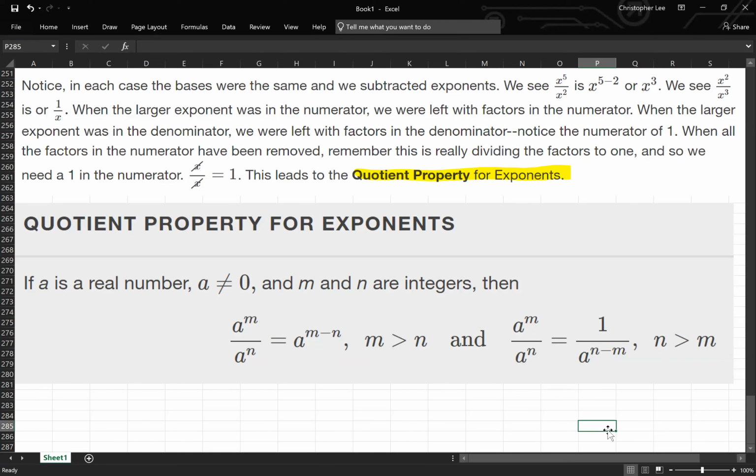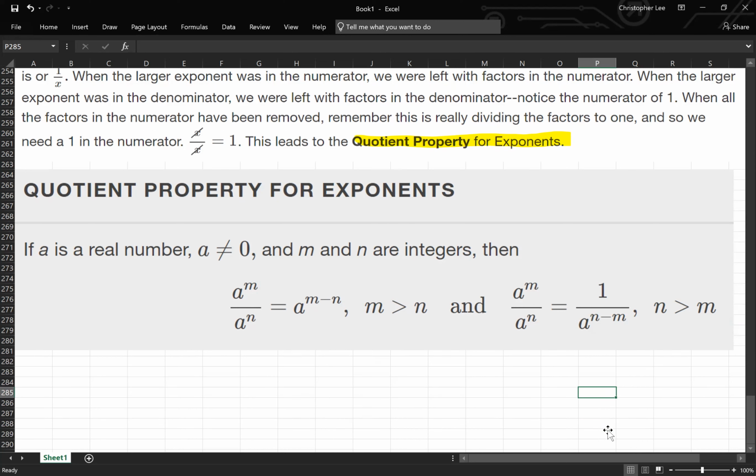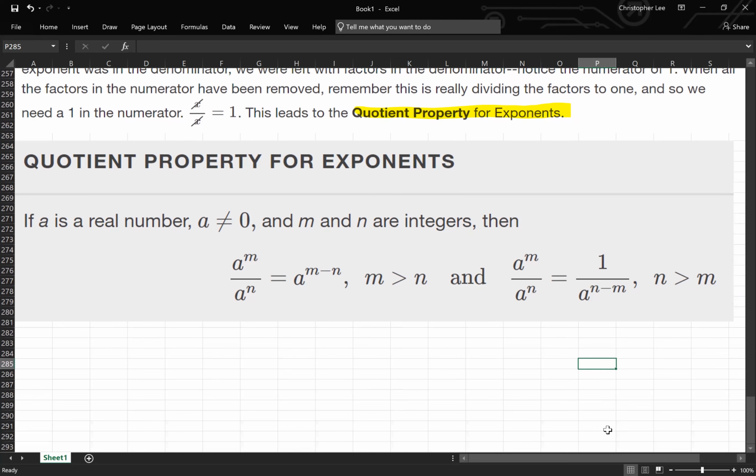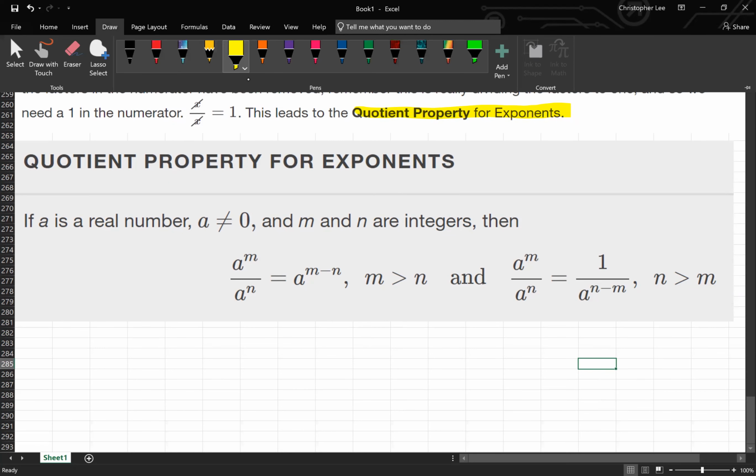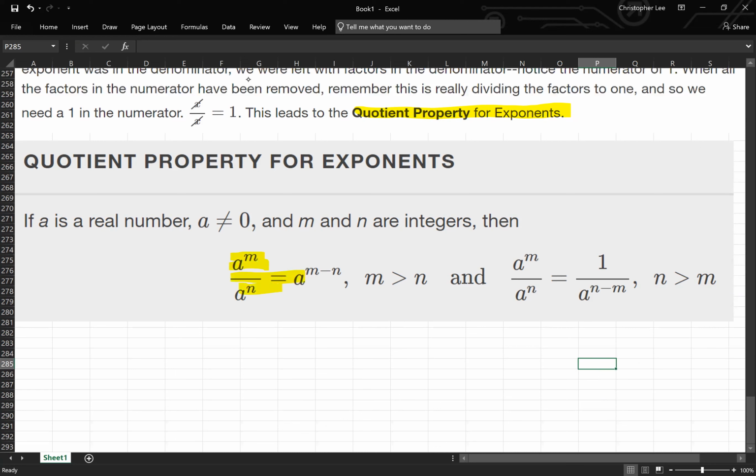And a to the m divided by a to the n is equal to 1 divided by a to the n minus m, where n is greater than m. To be honest with you, all I really care about is this one right here. If there was one thing you should remember, it's just this part. The rest of it, you'll figure out.